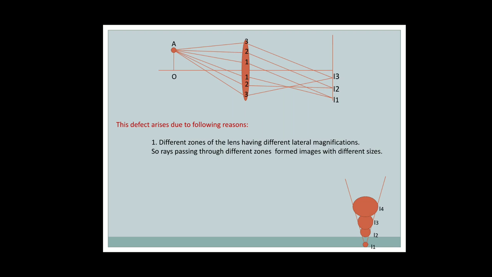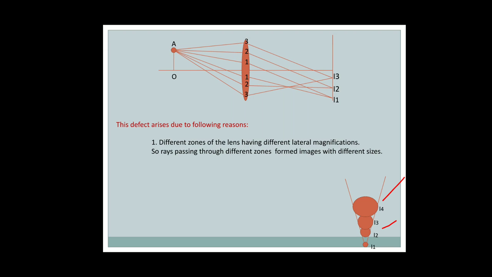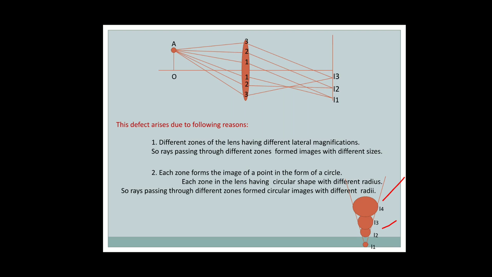If the radius of the zone is very small, the size of the image is very small. If the radius of the circular zone is very high, the radius of the image is very high. And if the radius further increases, the radius of the image will further increase. So different zones of the convex lens having different lateral magnification is one of the reasons for the coma defect.